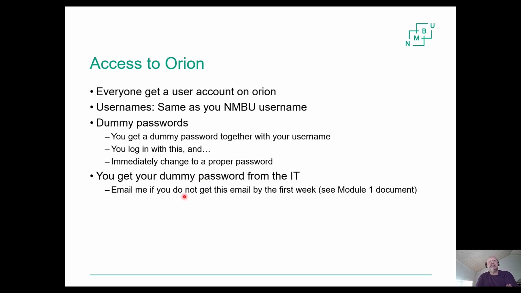Because also for this, I have to send a list to the IT department of which students are registered for this course. And this list I have to take from a website called Fagpersonweb. And there may be some delays or something that means that even if you register for the course, your name will not appear on this Fagpersonweb. I have seen this before. So there are all kinds of possibilities that this can go wrong, but for most people this will work, I'm sure.